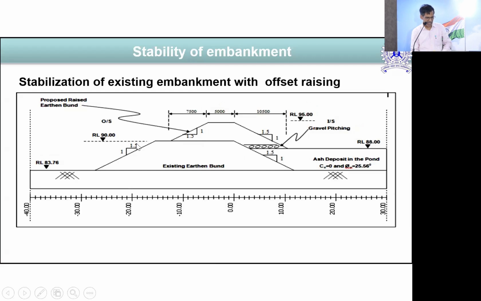So this is another example. What I want to say is that all these analyses are somewhere connected, somewhere not connected. This also comes as a problem. And suppose I am going for the raising. If somebody has already built the dam, I have no choice, because some of the things might not be there.